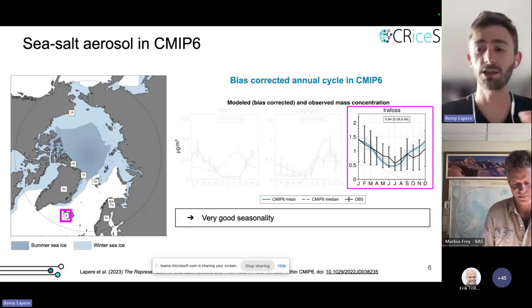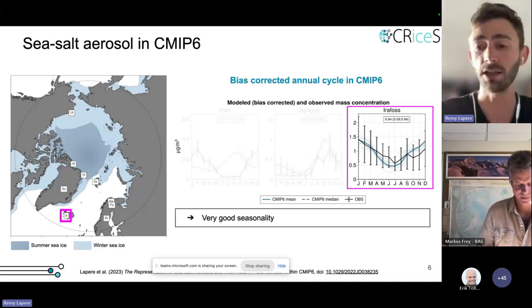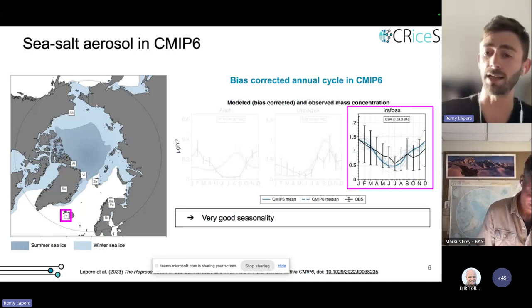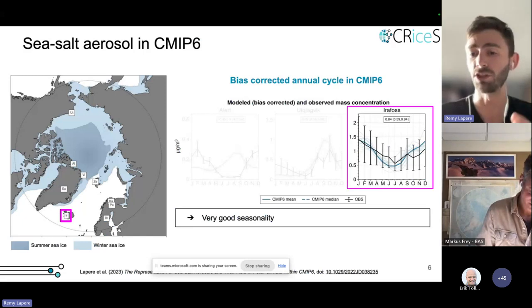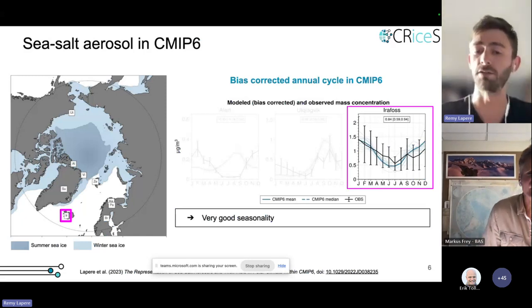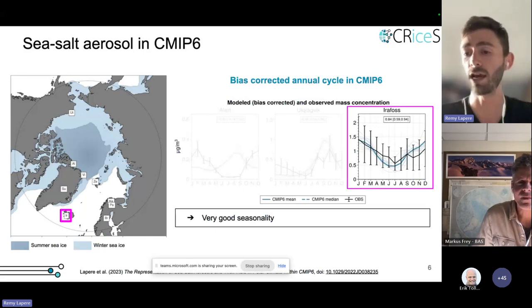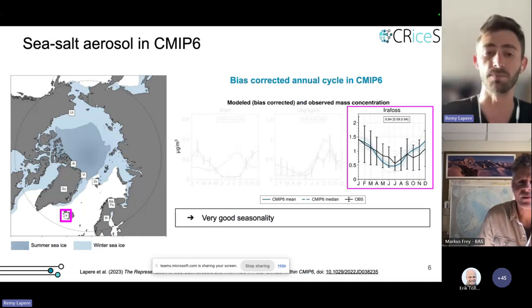Let's first start with a station that's in Iceland, so not really affected by sea ice. Let's look at observations there. That's the black line, and the models show how they represent the same quantity. This is all bias corrected, to just see the seasonality and not account for the bias. And we do get a fairly good representation of the seasonality of sea salt aerosol at that location.